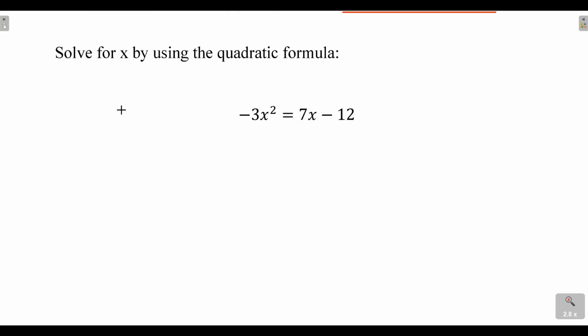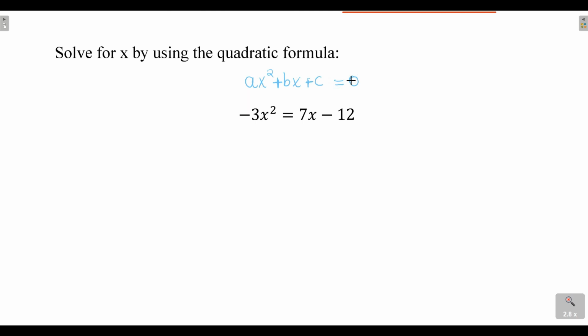So we want to solve for x by using the quadratic formula. Remember, when we were deriving our quadratic formula, the quadratic equation was in the form of ax squared plus bx plus c, which is equal to 0.